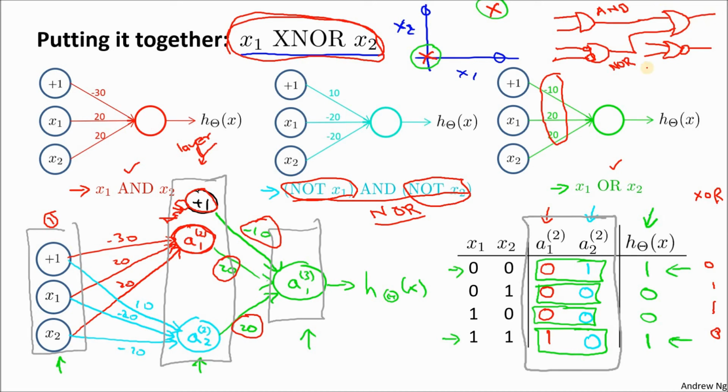So practically there are three gates created over here, by three sets of values. This is gate number 1, this is gate number 2, and this over here is gate number 3. Number 1 is an AND gate, number 2 is NOR, number 3 is an OR gate. AND, NOR, and the last one is the OR gate.